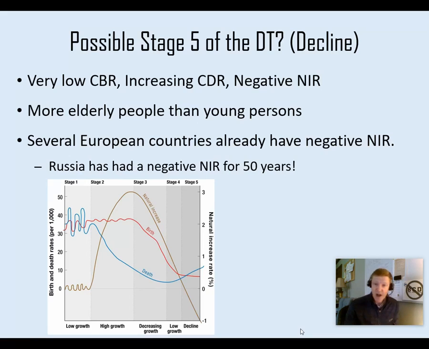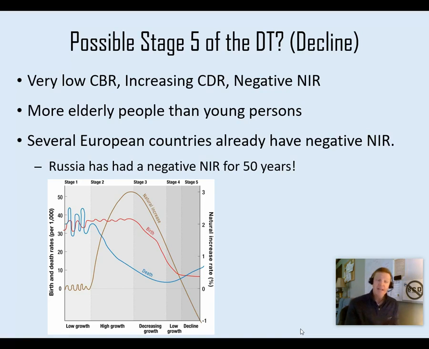Now, what about stage 5? Technically, it doesn't exist because to admit to stage 5 would be admitting to extinction, because you can't go back in the stages of the demographic transition. That is to say, if your death rate would exceed your birth rate, stage 5 would say that's a permanent move. And we can't commit to saying that.